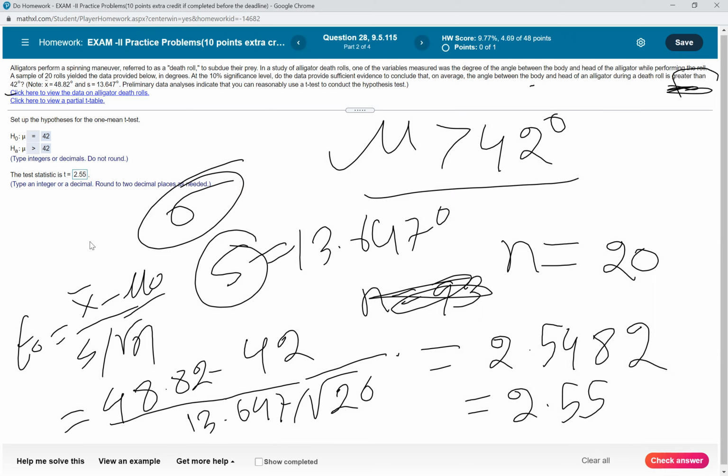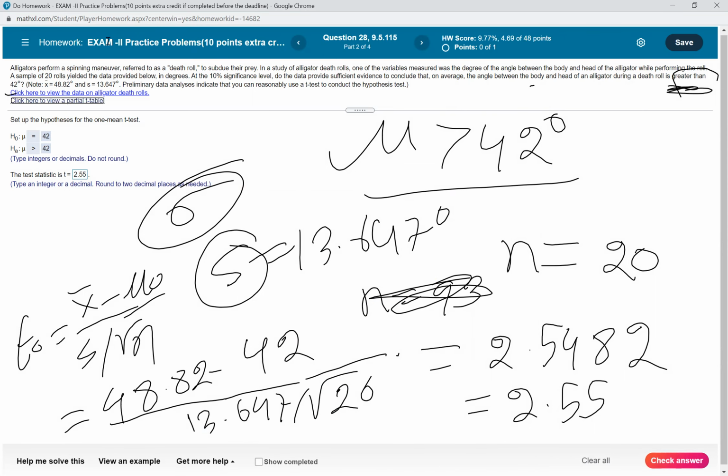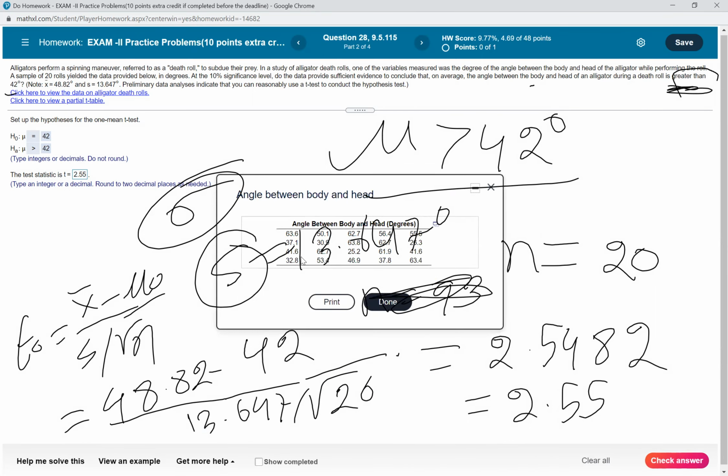So this is 48.82 minus the hypothesized value, 42, divided by the standard deviation, 13.647, over the square root of how many observations do we have? Let me check.